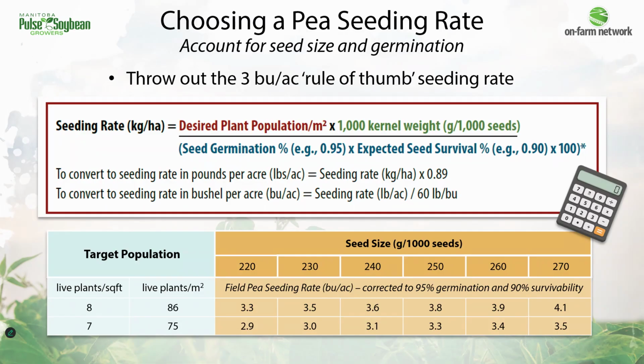Here's a quick cheat sheet for different seed sizes and an example of when germination is 95% and your expected survivability is 90%. In the table at the bottom, we show an example of what rates to use to target 8 plants per square foot, and the bottom row is 7 plants per square foot.